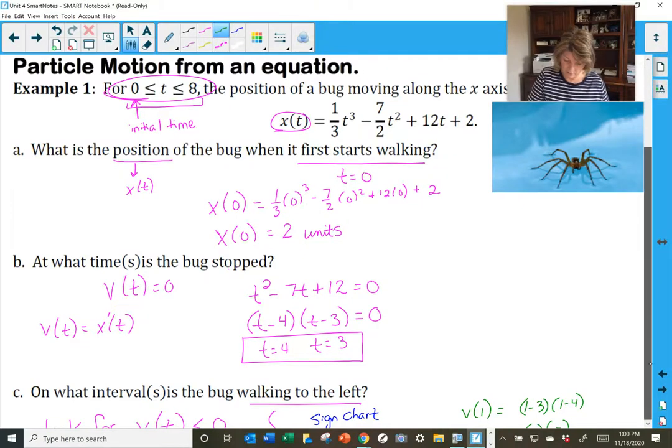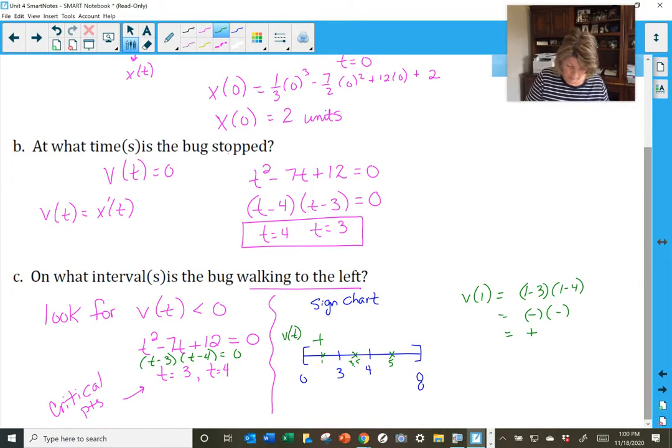Okay, so down below, these sign charts hold so much information. Down below, I am moving right. So this would be my x of t, the position, is moving to the right. Between 3 and 4, if I put 3.5 in, let's go v of 3.5.